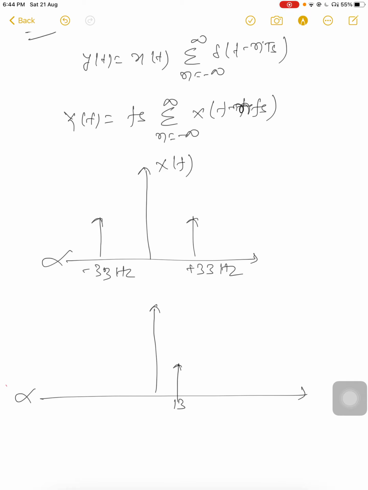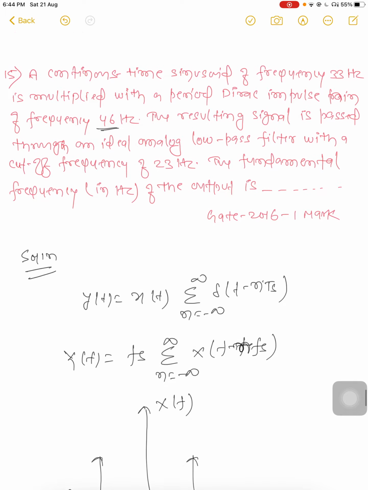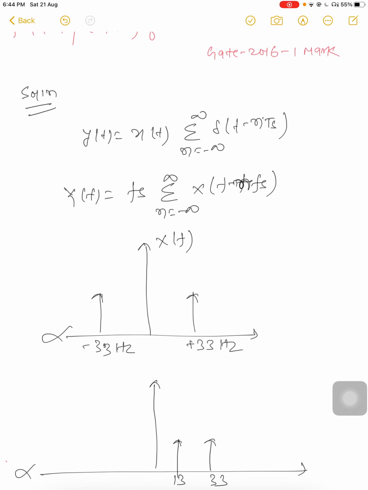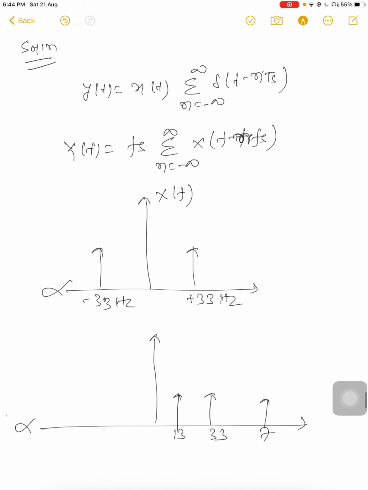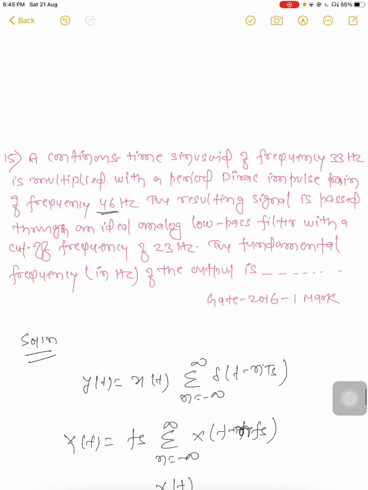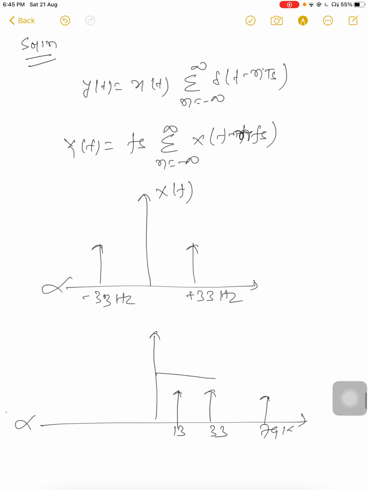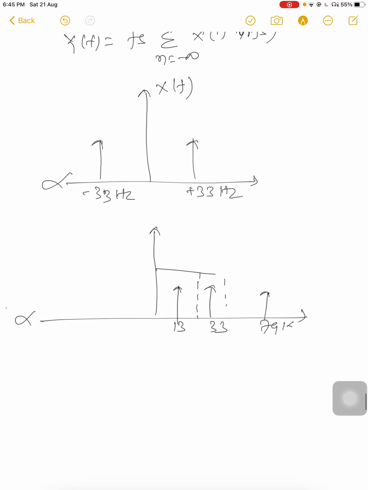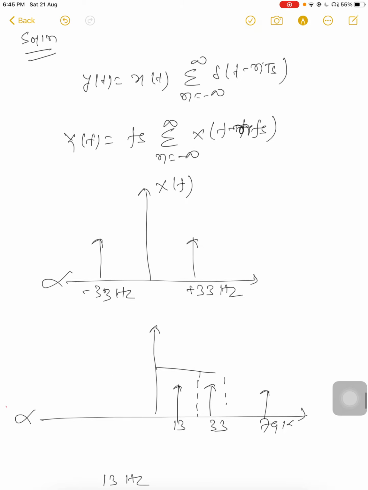So after convolution it will be 13 and 33, and you add 33 and 46, it will be 79. You will get 79 like this. I am taking only the positive side and passing through the filter with 23 hertz cutoff frequency. So only 13 hertz will be passed. So hence the output frequency will be 13 hertz.